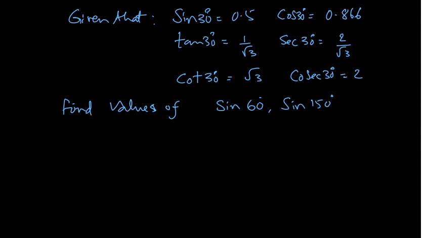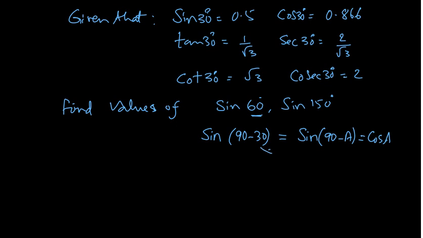I am writing this 60 in terms of 90. I'll write that as sine of 90 minus 30. Then I will use the formula sine of 90 minus A equal to cos A.